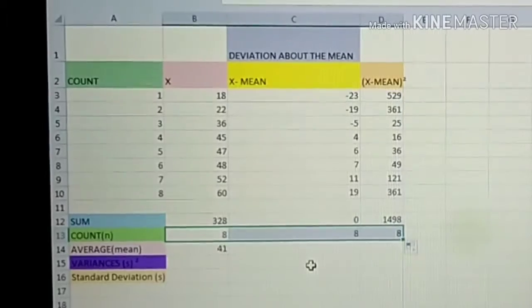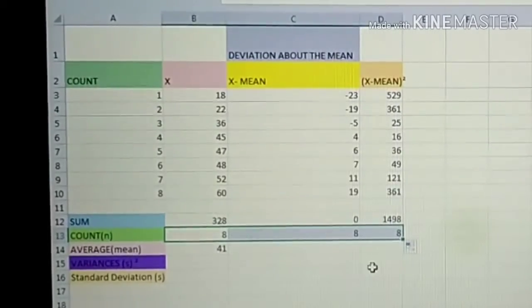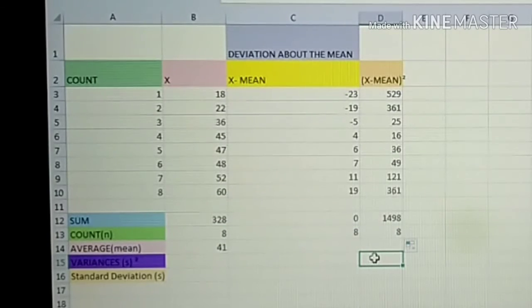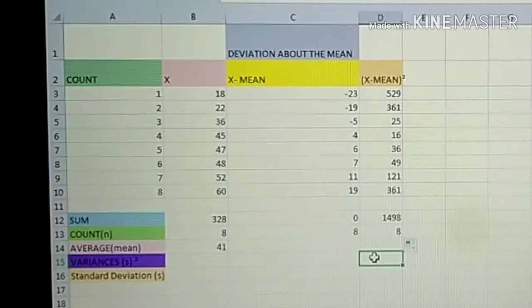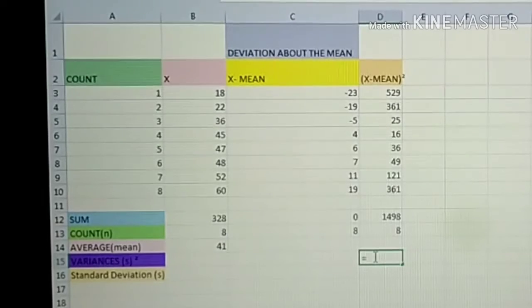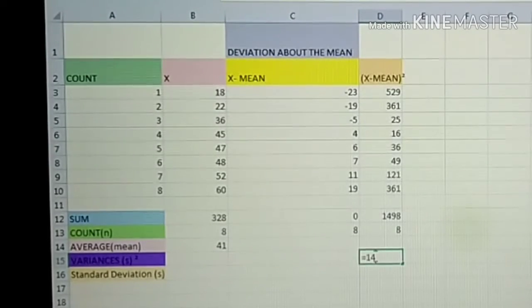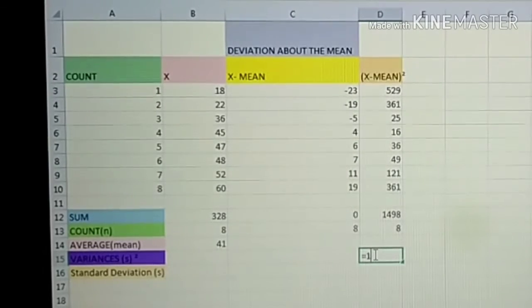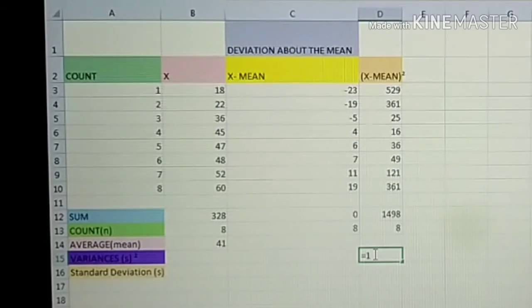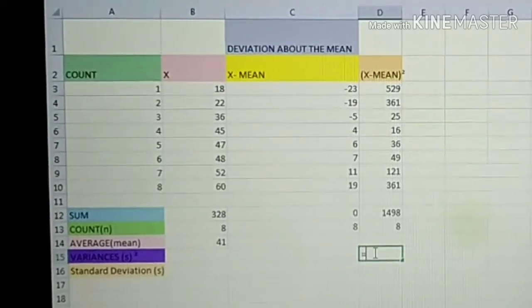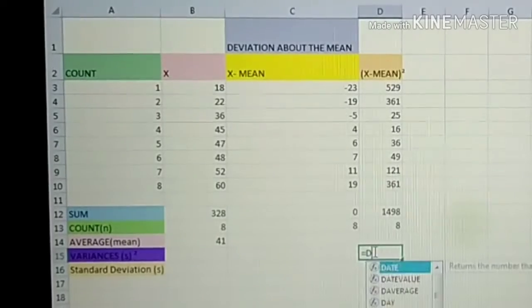So, equals, bali, ang tawag natin dyan is D12.